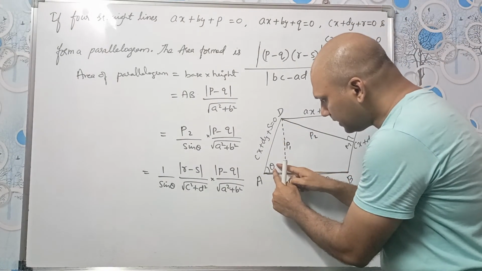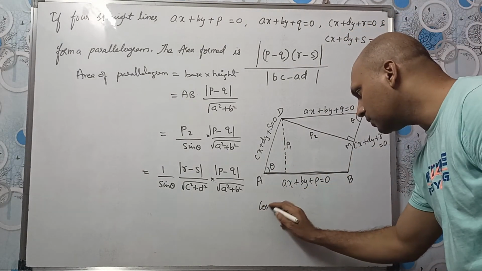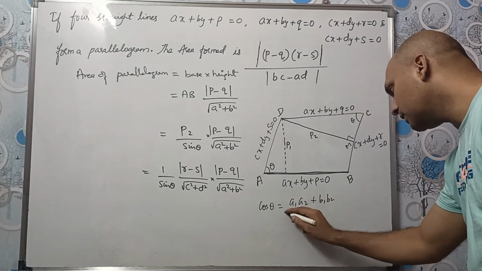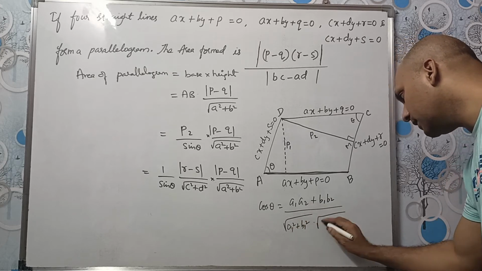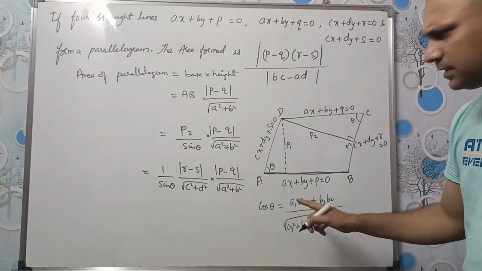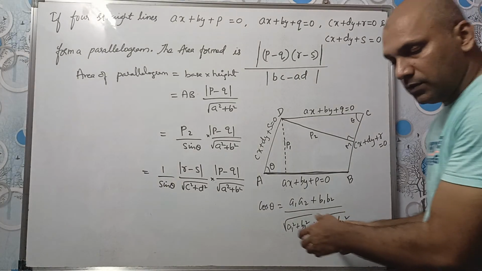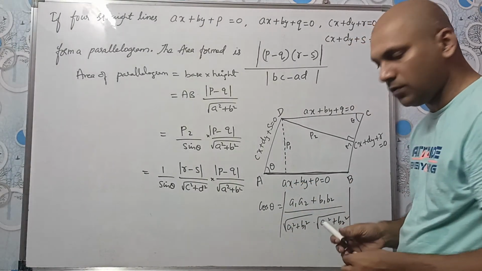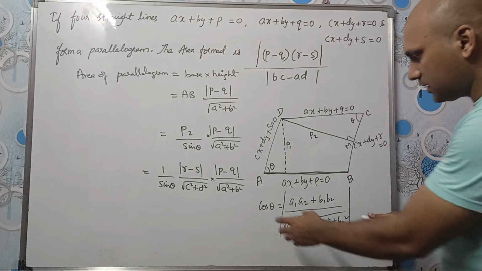We have studied the angle between two straight lines formula: A1 A2 plus B1 B2 divided by root of A1 square plus B1 square multiplied by root of A2 square plus B2 square. We studied this in one of our previous videos, I think the 9th or 10th video. If you did not watch that video, I highly recommend you go watch it. So this is how we find the value of cos theta.